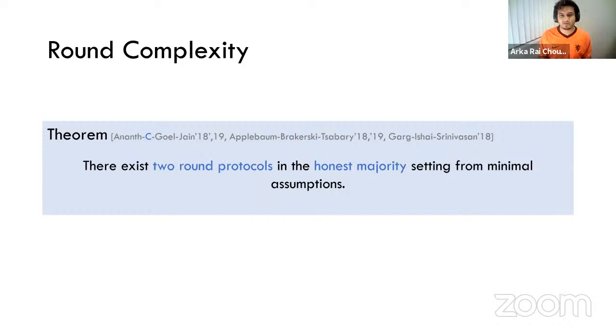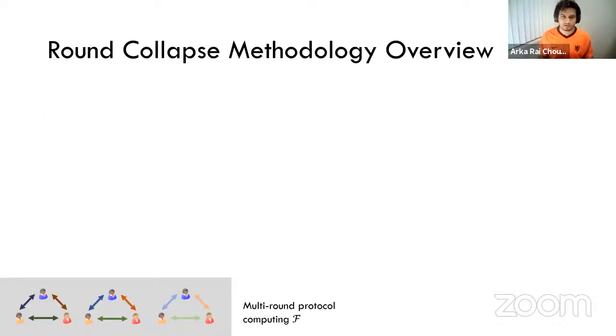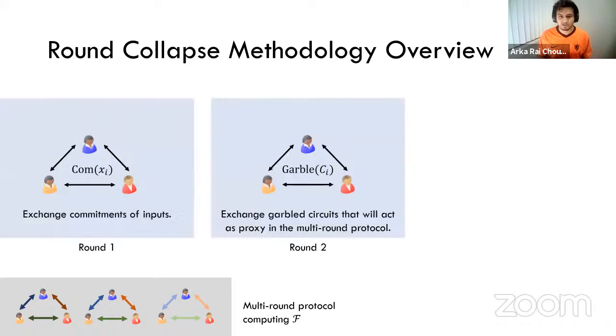At a very high level, all of these works rely on the following round collapse methodology, where you start with a multi-round protocol that computes F. It can be anything larger than 2, a polynomial number of rounds, and you compress it to get it down to 2 rounds. In these 2 rounds, you essentially run a protocol where you exchange information, and more importantly, you exchange garbled circuits.